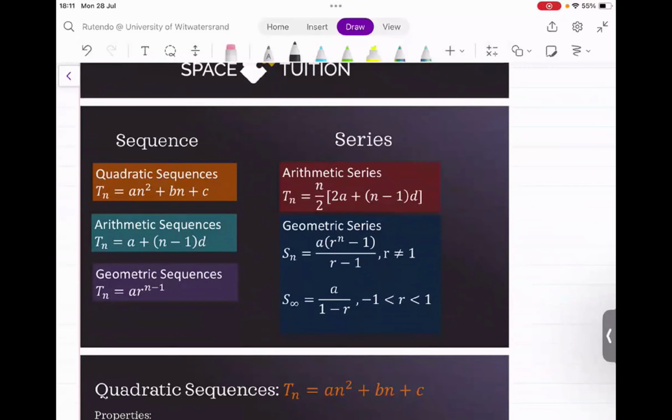But you'll see some sequences won't have that consistency. You'll add 1 the first time, then add 2 the second time, then add 3, and you're like, wait, that's a bit odd because it doesn't look like a pattern. When you look at the first differences, they're not the same, but when you look at the differences between the differences, then you will see a pattern. Those are quadratic sequences.